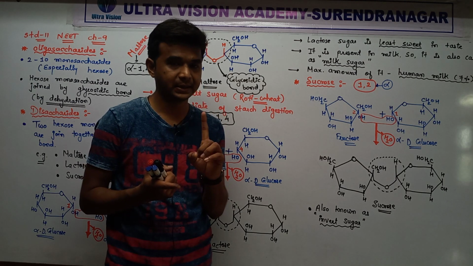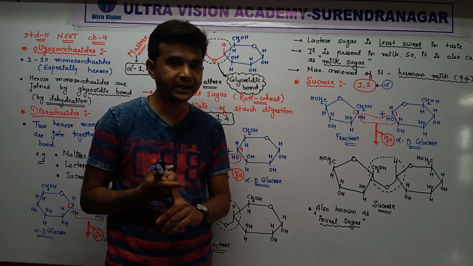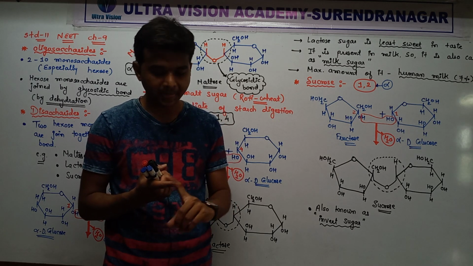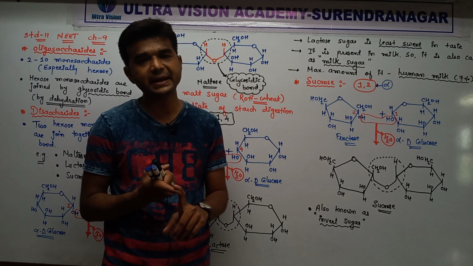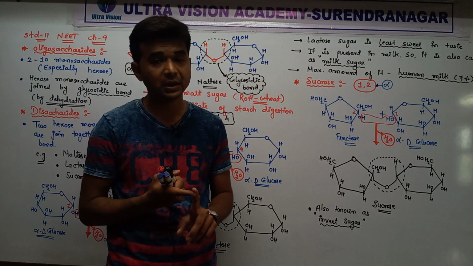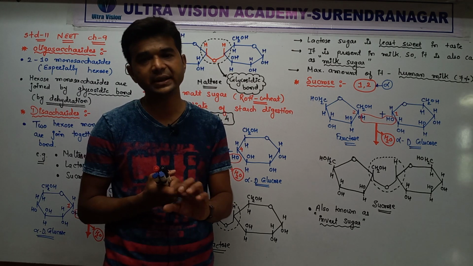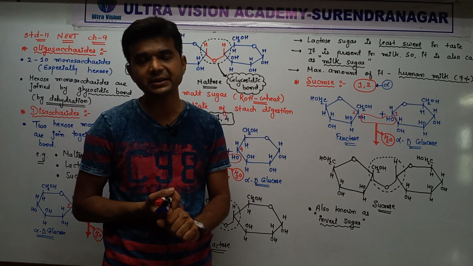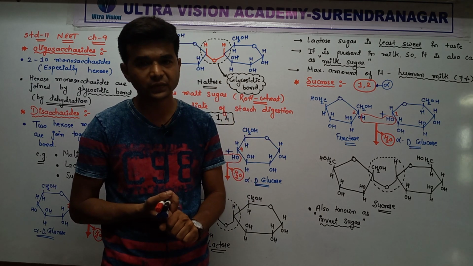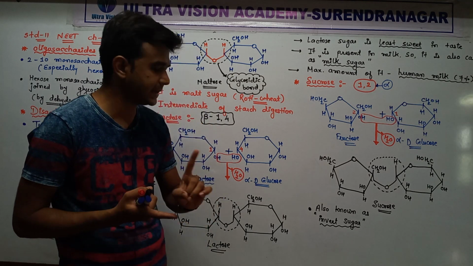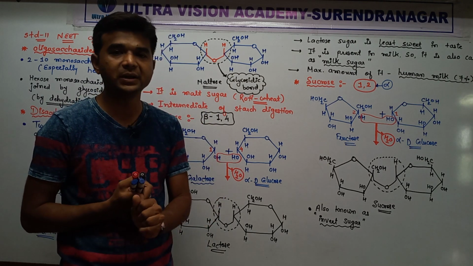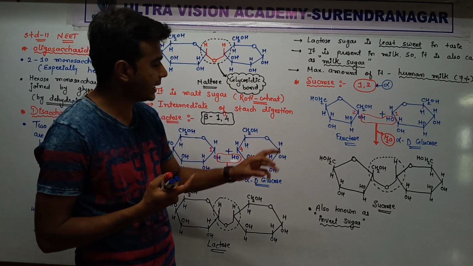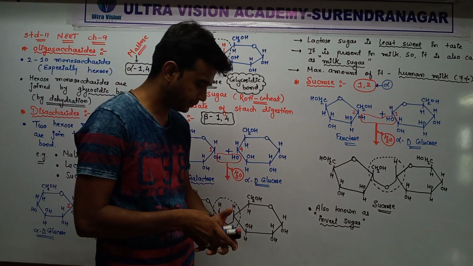Sucrase is only invertase enzyme, and sucrose is digested only by the sucrase enzyme, and that sucrase is only known as invertase, whereas maltase and lactase are not known as invertase. Fine. So only sucrase is invertase enzyme. Sucrase is only invertase enzyme and sucrose is invert sugar.